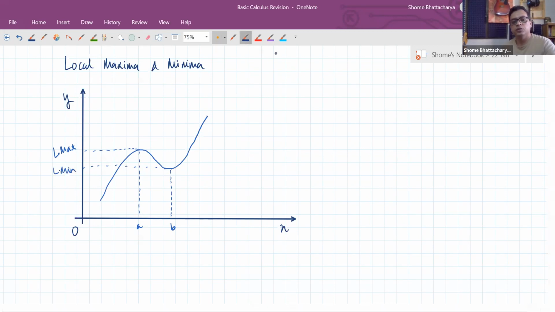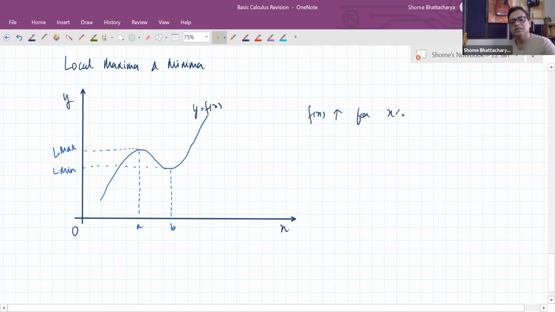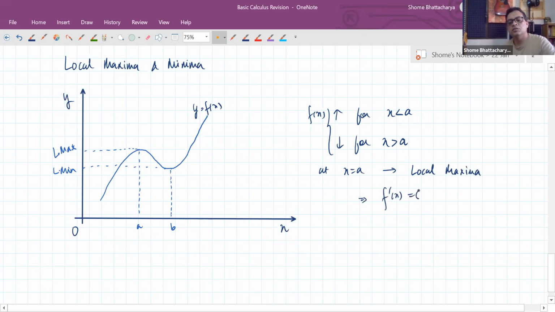So we had already seen that the function was increasing for x less than a, and it was decreasing for x greater than a. But at the point x equal to a, it has the local maxima, which means that the derivative of the function is equal to 0 at x equal to a.